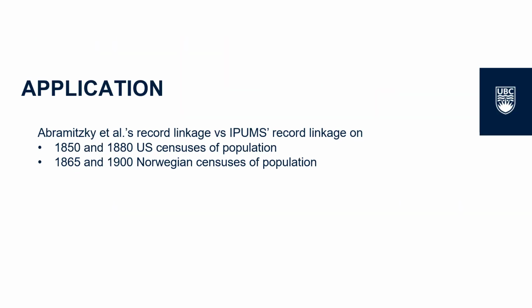Now that we have gone through the methods of this approach, let's look at it in practice. Abramitsky and his colleagues tested their method and compared it to a widely used method for historical record linkage from IPUMS, which is part of the Institute for Social Research and Data Innovation at the University of Minnesota.